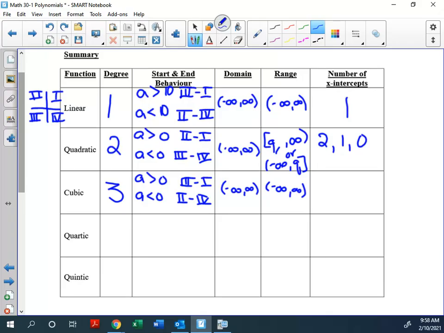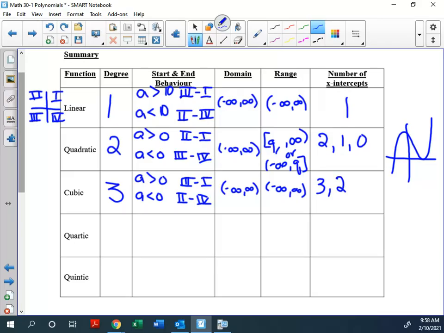Now, how many intercepts does it have? Well, I can think of it that I'm going in 3 different directions. So could it have 3? Absolutely. Could it have 2? Well, I could go like that, couldn't I? Did I go in 3 different directions? That kind of makes sense.